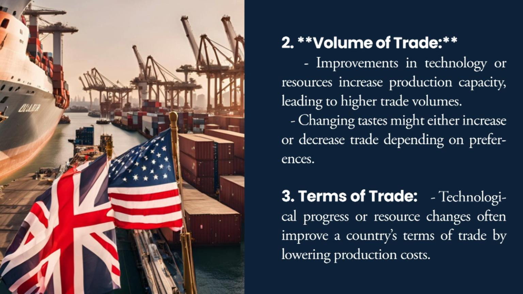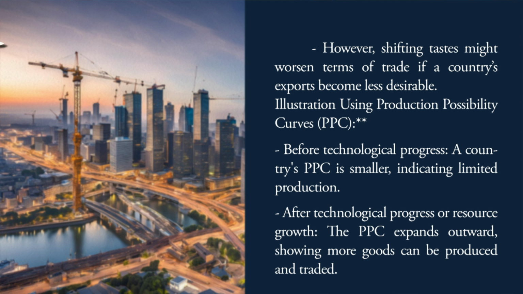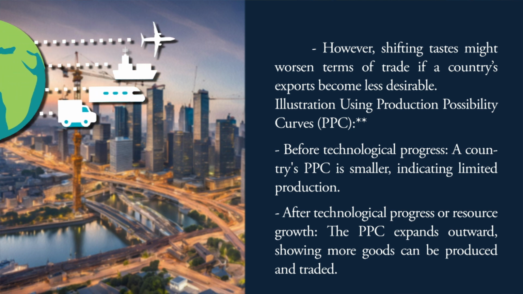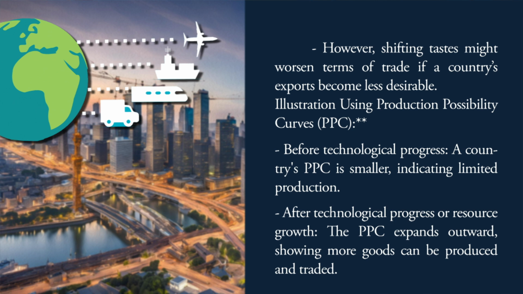Then terms of trade. Technological progress or resource changes often improve a country's terms of trade by lowering the production cost. However, a shifting taste might worsen terms of trade if a country's exports become less desirable. In the earlier video lecture, we discussed the production possibility curve.